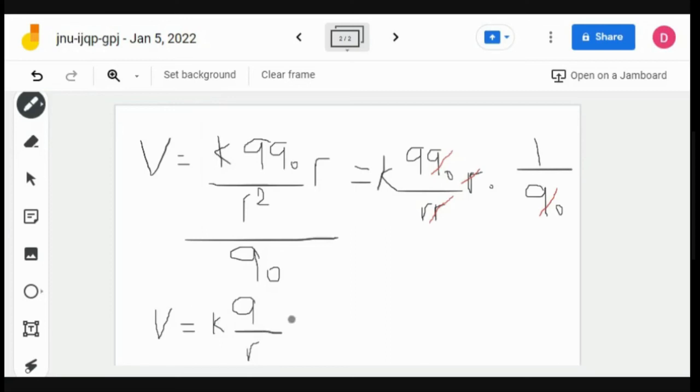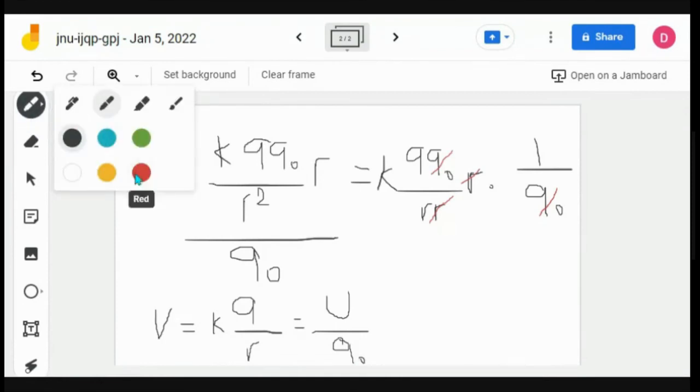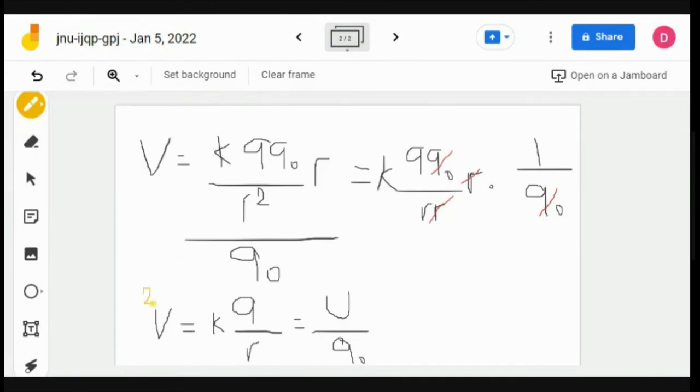Which is also equal to the electric potential energy of the system all over the test charge Q naught. So these are the two equations that we can use to determine the electric potential of a certain system. Let's say this is equation number 2, and this is equation number 1.